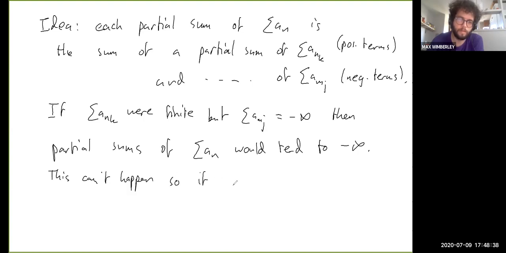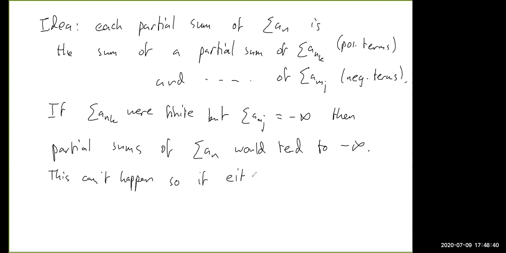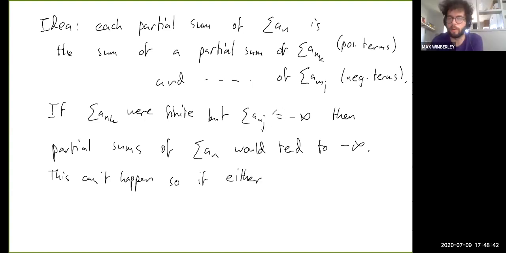And then there's a mirror argument: if the sum of a_mj were finite and a_nk added to positive infinity, then the partial sums here would tend to positive infinity.